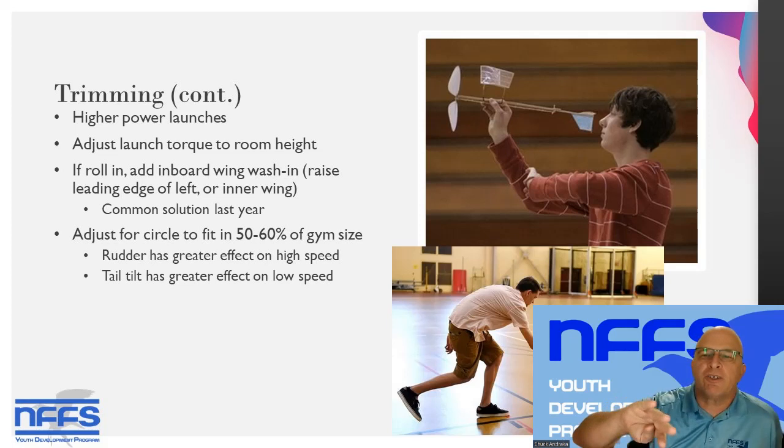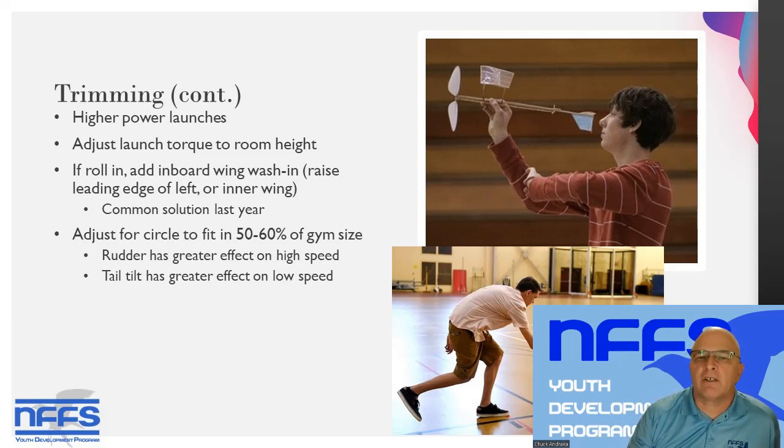If the plane rolls into the circle, so rolls to the left, at high power but flew fine at lower power, then you want to add inboard wing wash. That means raise the leading edge of the left or inner wing a little bit relative to the right wing, and this will keep the plane from rolling in.